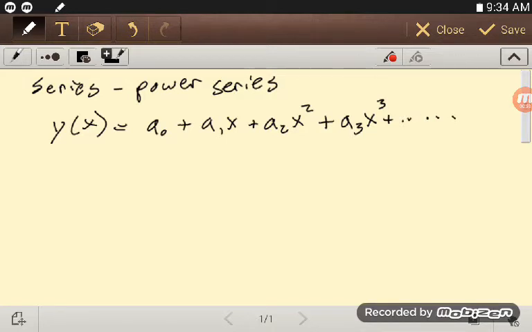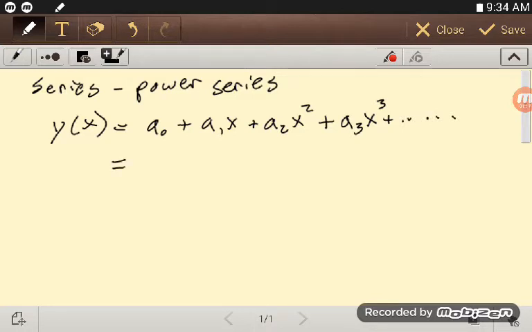And so this is like a Taylor series, but it's not as specific. Now this is centered at 0. We can also center at a different number, but for the moment we'll just have it centered at 0. You can review Taylor series to kind of look at this.